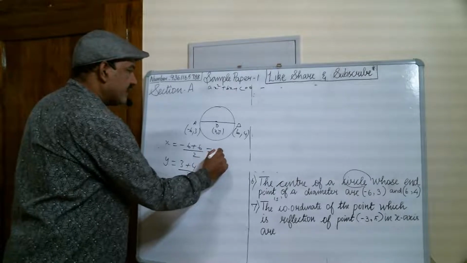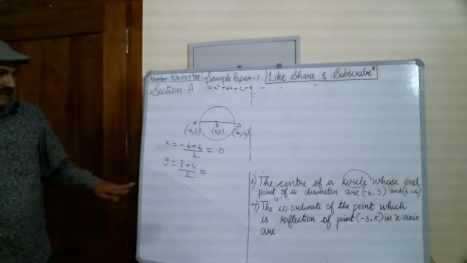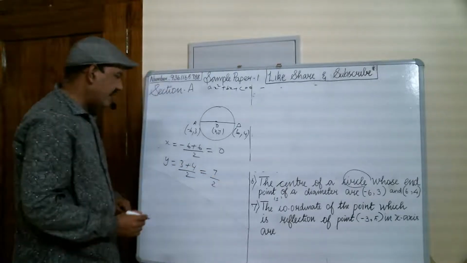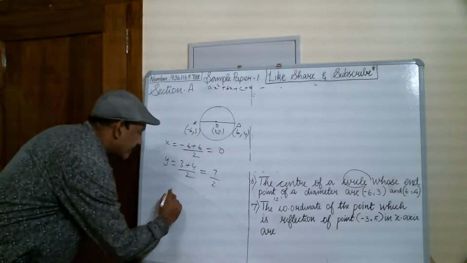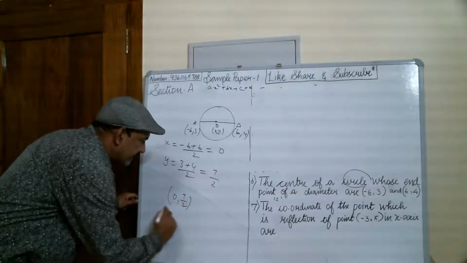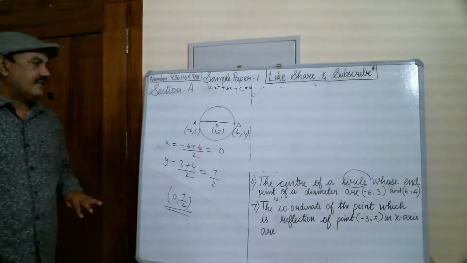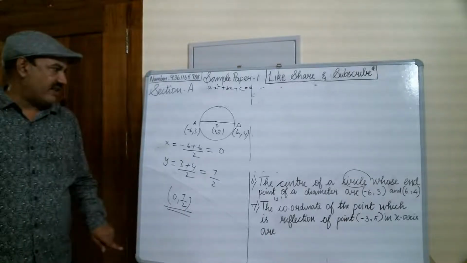How much is this? 0 by 2 is 0, because if the numerator becomes 0, the final answer is 0. Here it is 7 by 2. So the coordinates of O are 0, 7 by 2, the center of the circle. 0, 3.5 or 7 by 2.